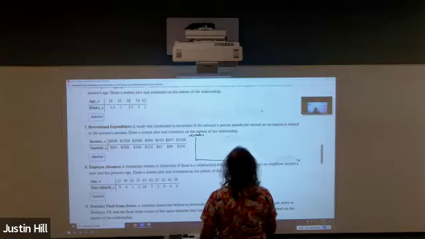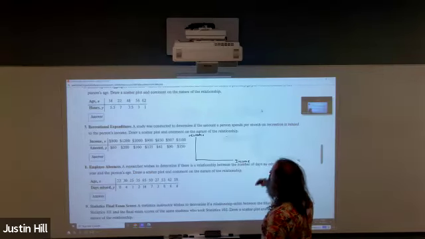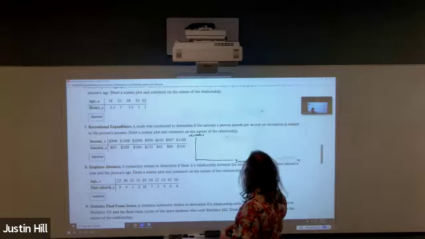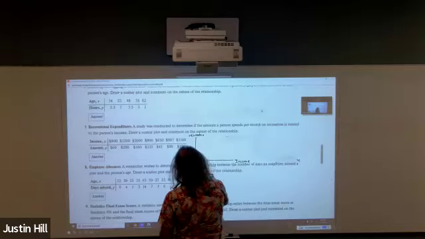I probably need it taller. I need to put more space between these paragraphs. I guess let's do it this way.